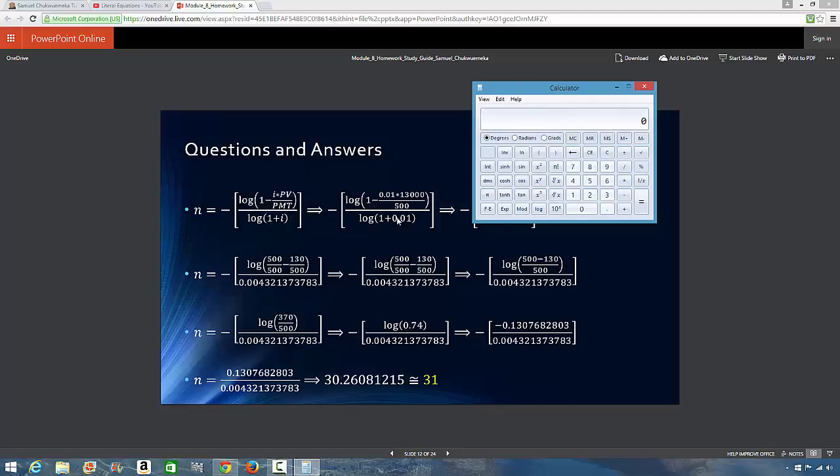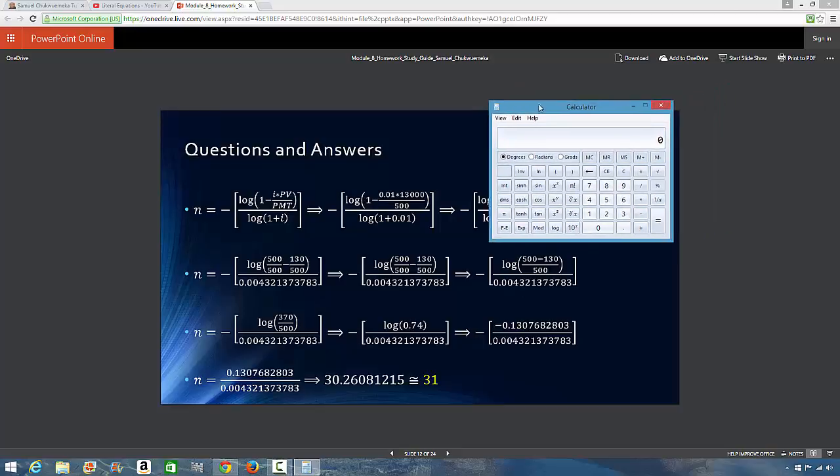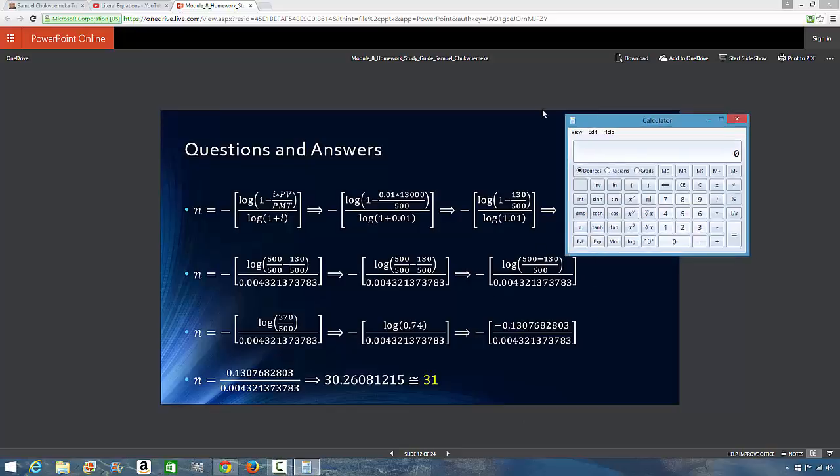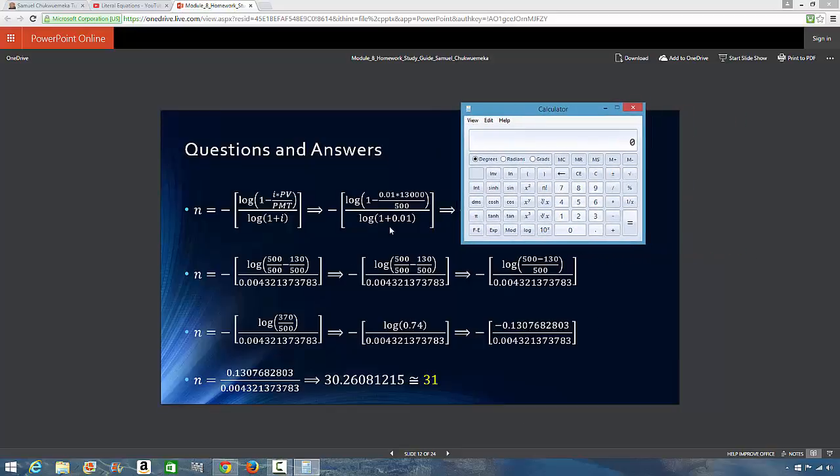Here, let me deal with the denominator first, and then I will save it as memory, and then I do the numerator. So if you follow the way I did it here, I did this as a fraction, but that's fine. If you don't like fractions, you can do all this with the calculator without doing it as fractions.